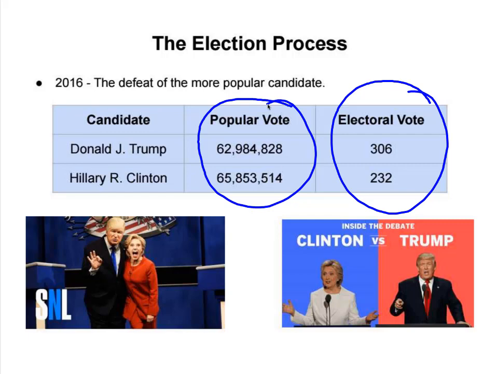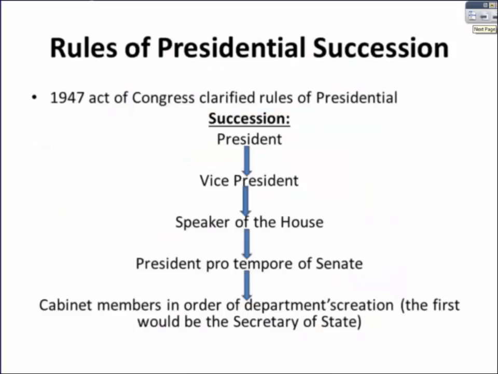This over 3 million vote loss in the popular vote, yet a win in the Electoral College, brought more controversy than perhaps ever before to the system of the Electoral College in general. So there have been a lot of calls for changes to or outright abolishment of the Electoral College after the 2016 election.